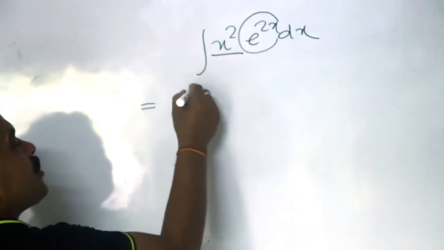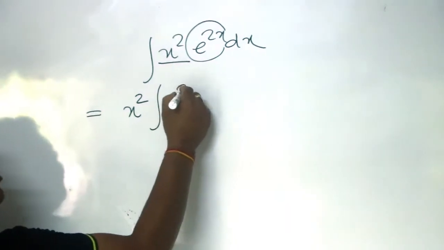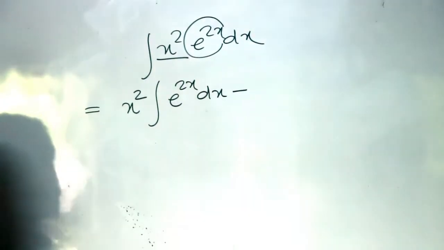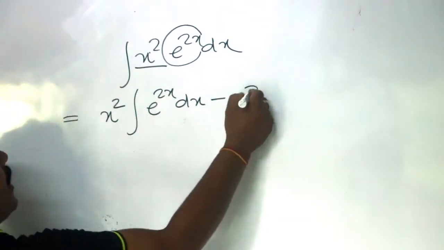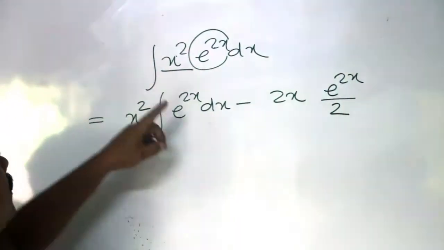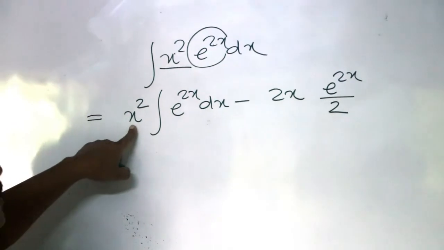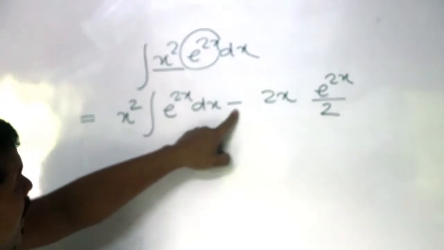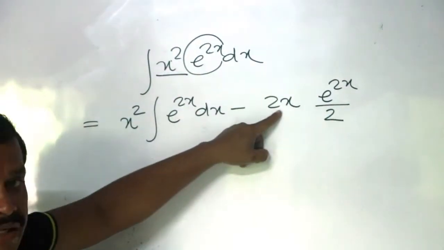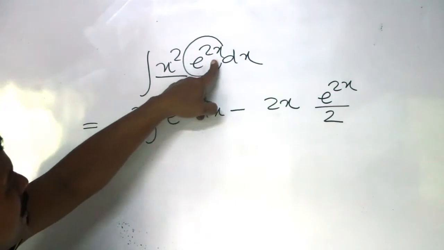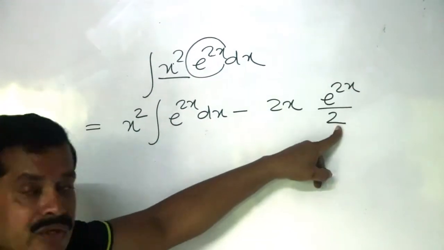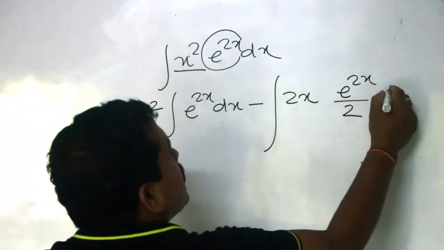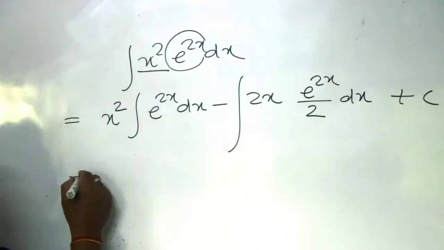Then keeping x square fixed, integrate e to the power 2x dx, minus derivative of x square, that is equal to 2x, and integration of e to the power 2x, that is equal to e to the power 2x by 2, and integrate with respect to x plus c.